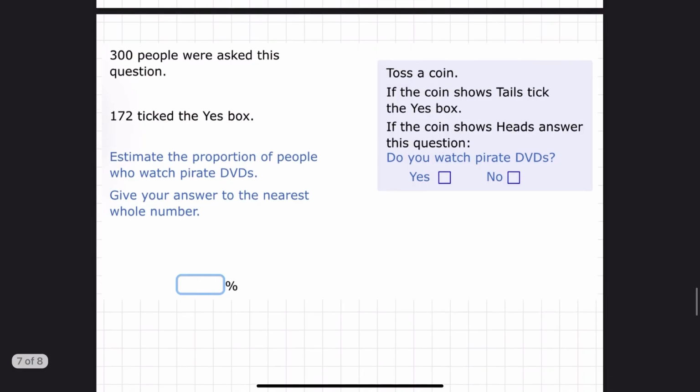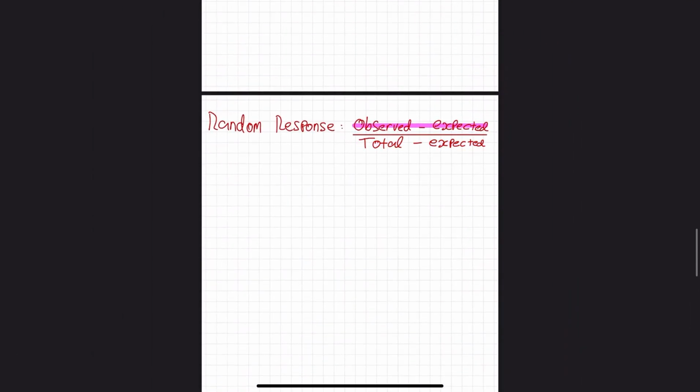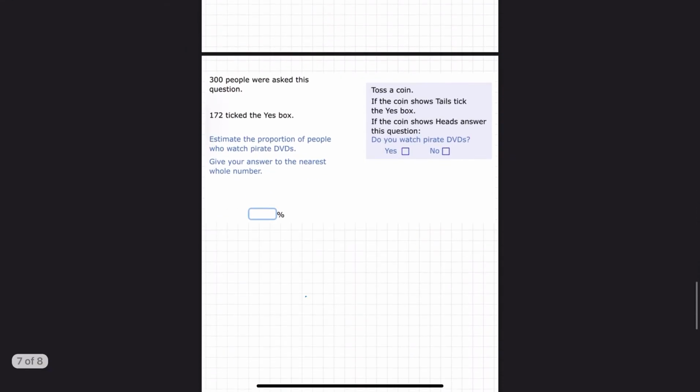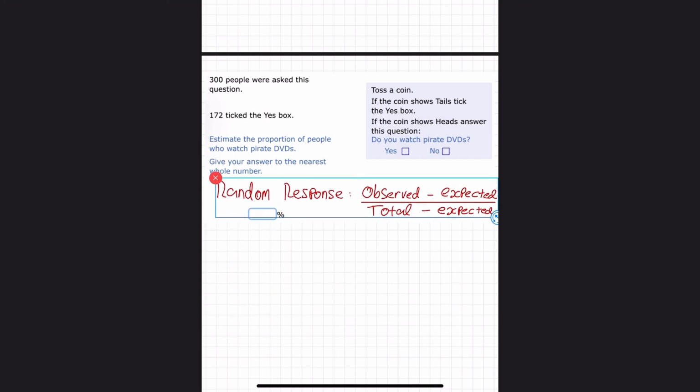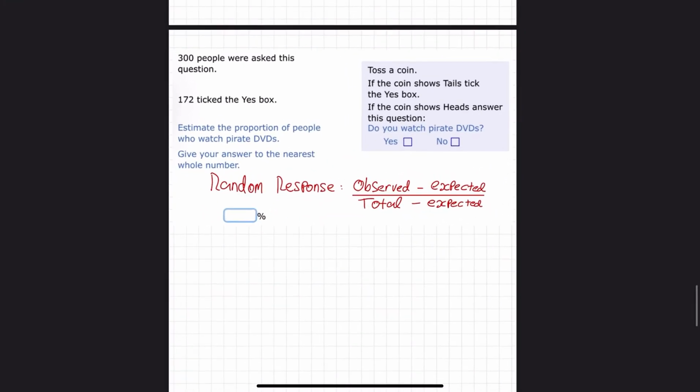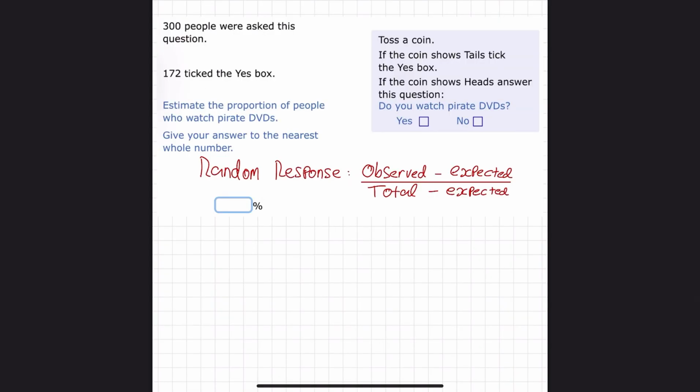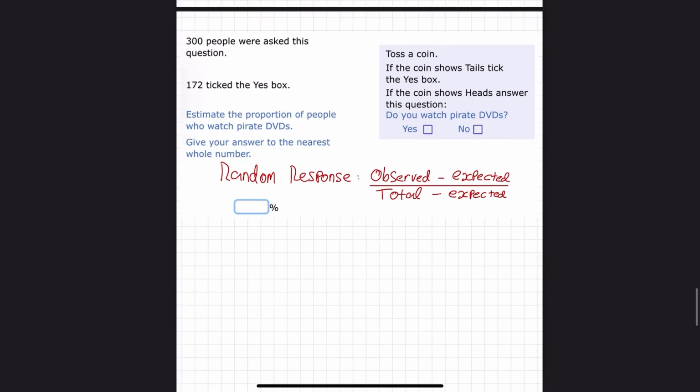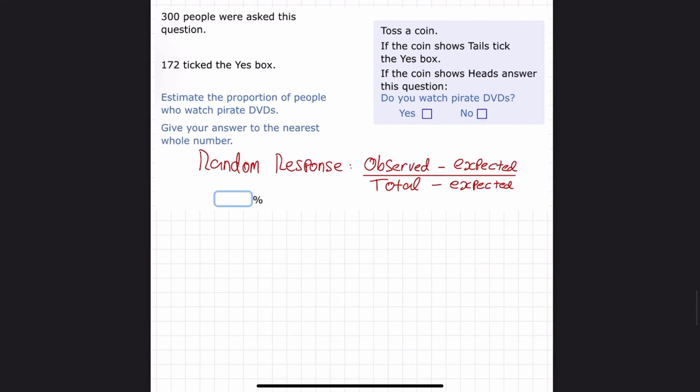So let me copy that down so I can show you what I mean by that. Okay. I'm going to put that here. Observed minus expected over total minus expected.